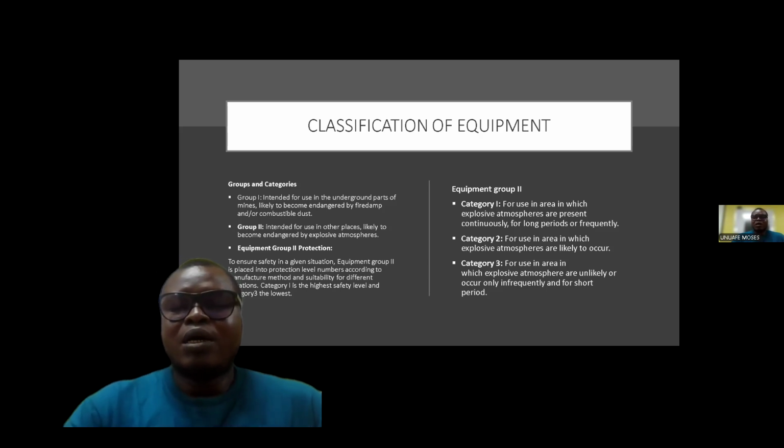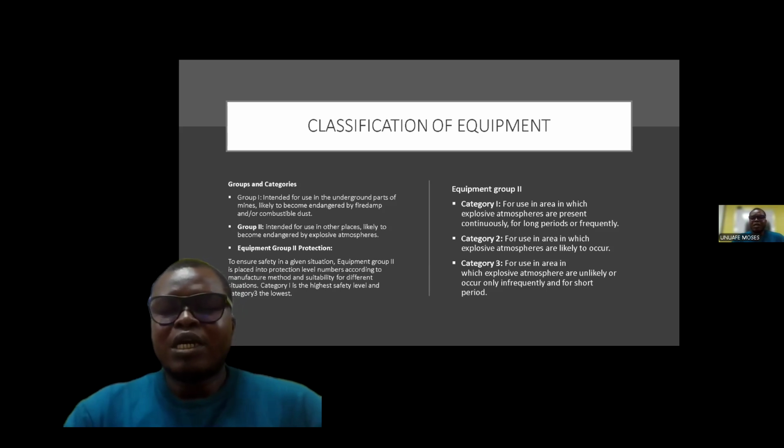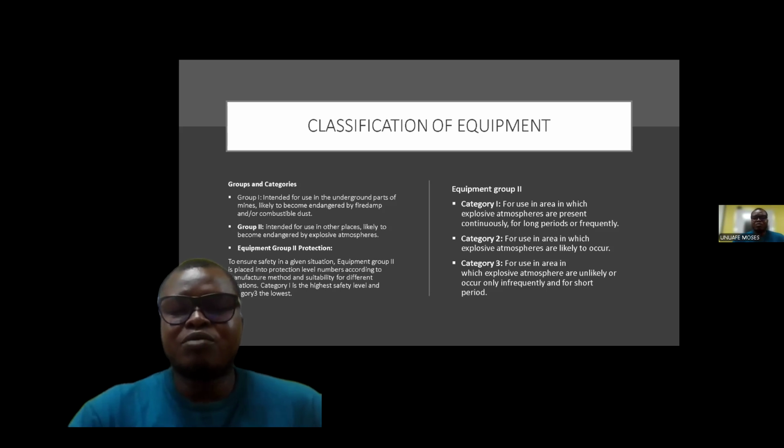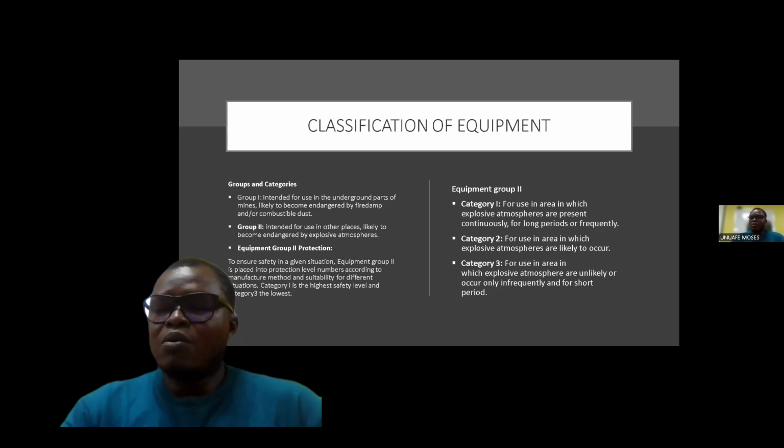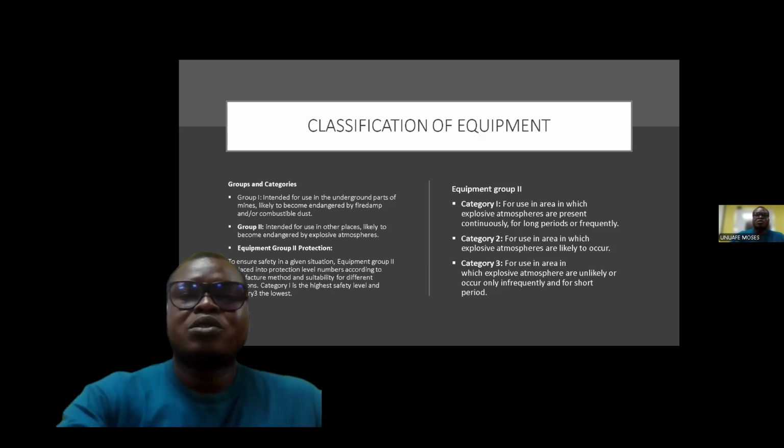Category 2 is for use in an area in which an explosive atmosphere is likely to occur. While Category 3 is for use in an area in which explosive atmospheres are unlikely to occur or occur only for a short period of time.